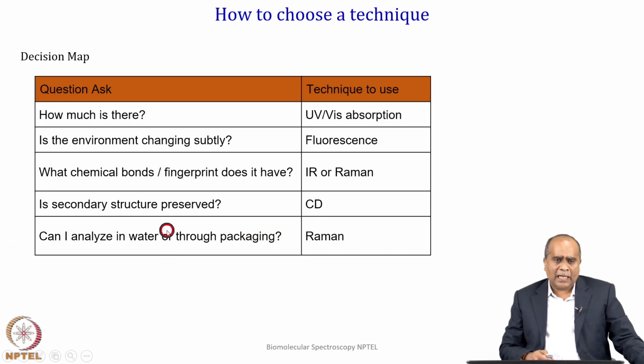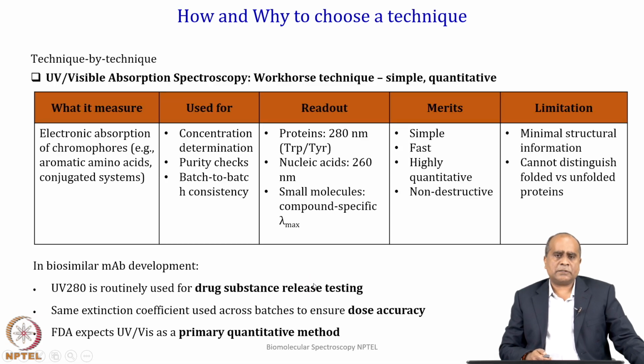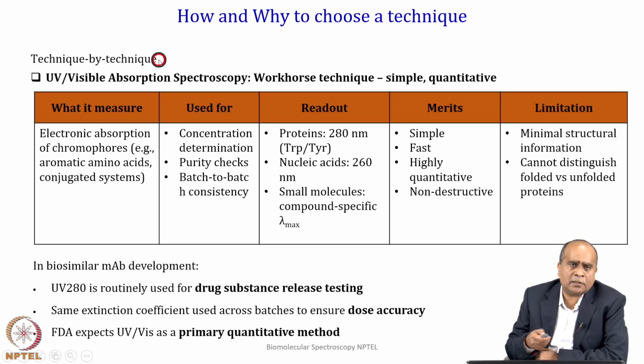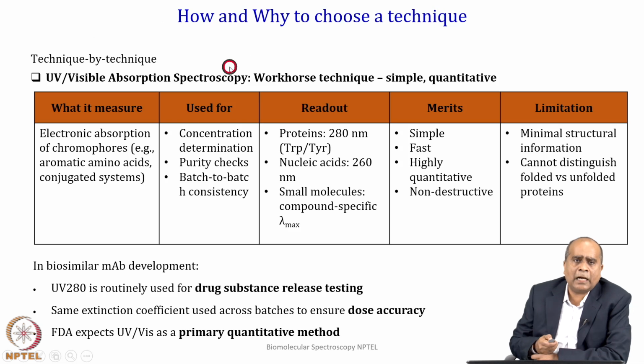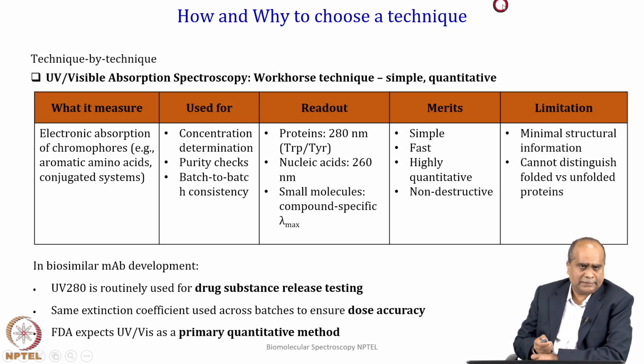If I want to analyze in water through the packaging of those materials, we can use Raman spectroscopy in those cases. So, to address the different questions that we may have, we are using different techniques: UV visible, fluorescence, IR or Raman, CD and Raman. That is what we are doing. So, how much and why to choose a technique?